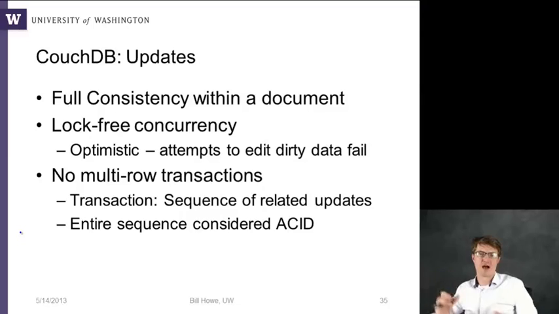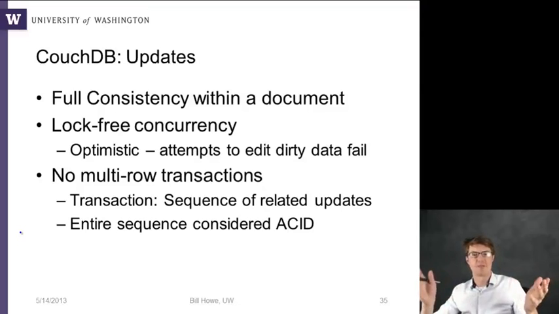So if I check out that document and try to make updates to it anywhere throughout it, and then try to commit that change, and someone else has committed their own changes in the meantime, my changes will fail. But we assume that doesn't happen that often, so it's okay to just fail in those cases. And really all you have to do in that case is check out the new changes and make whatever changes you want.